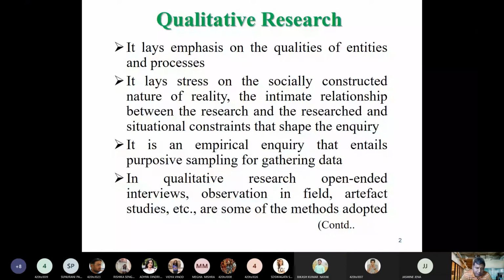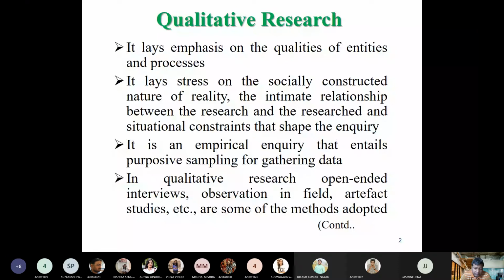See, in qualitative research, generally, we always give emphasis to the socially constructed nature of reality. Sometimes, for example, if you look at Varna and caste, Varna is generally called a textual context, because the terminology Varna you will find only in the text.